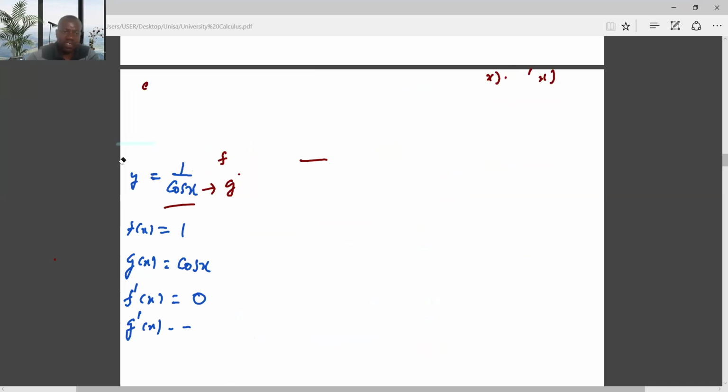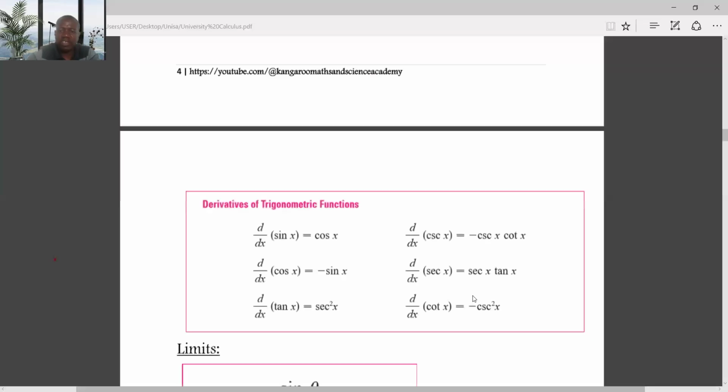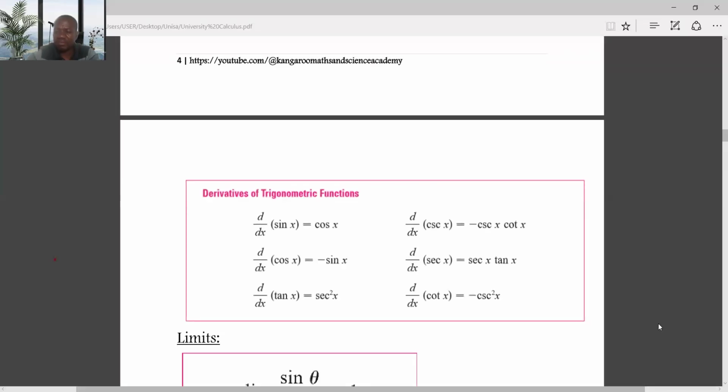We've seen it. The derivative of cot x, we've seen, is negative cosec squared x. So this is what we just proved now.